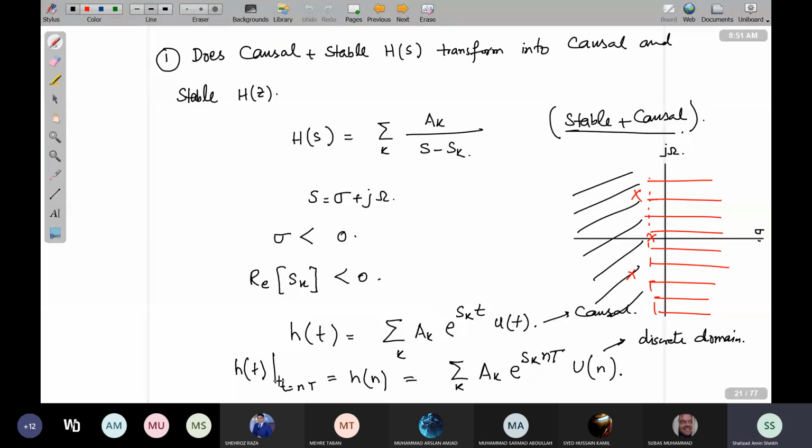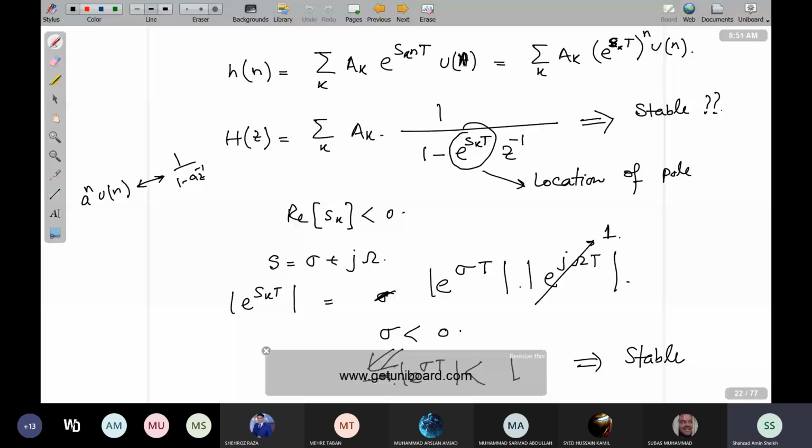So now applying the transformation, h(t) at t equal to nT would be h(n), and you are just replacing t with nT in this equation, and u(t) is replaced as u(n), and this is showing the causality in discrete domain. And now you know h(n). From h(n) you can move to H(z). So this is your H(z), this one.